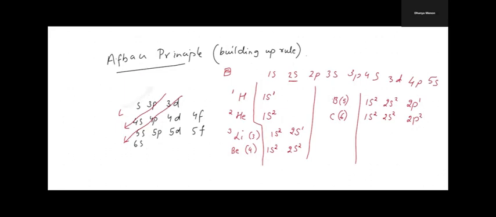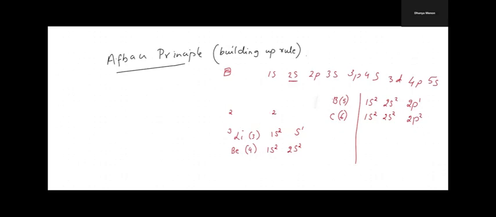Now students, here I'm just rubbing this part. Now, over here, suppose I look at carbon. For carbon, I have the configuration 1s2, 2s2, 2p2.